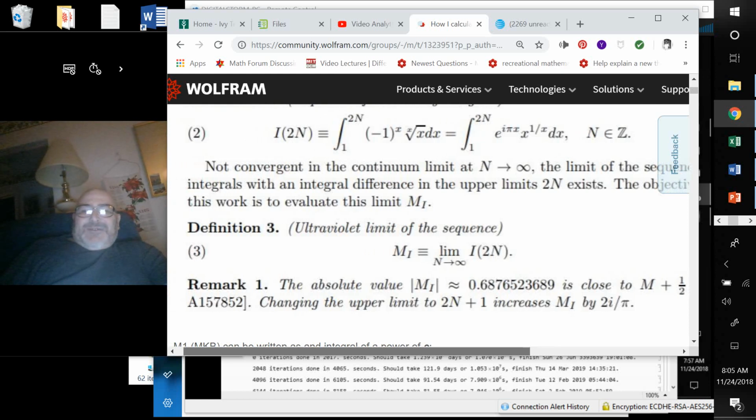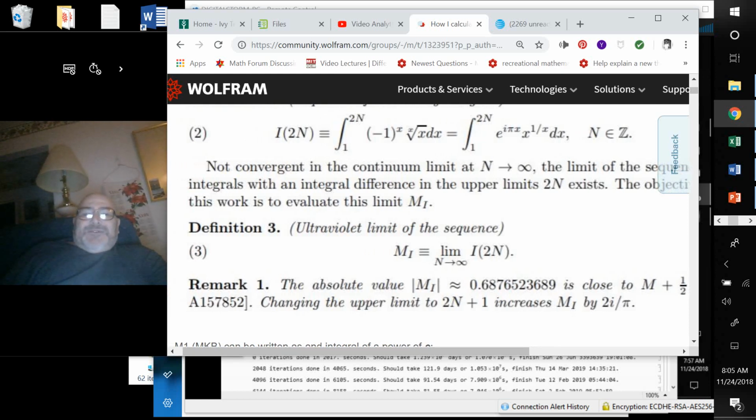That's notable. Change the upper limit to 2n plus 1, the largest odd number, and M1, or the MKB constant, increases by 2i over pi. So the real part stays the same, but the imaginary part increases by 2i over pi. That's important if you're trying to compute many digits and exploring it.